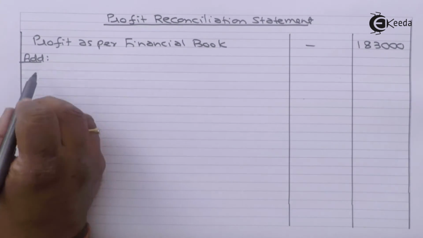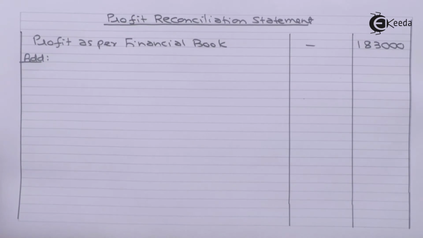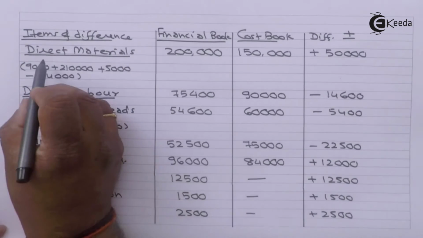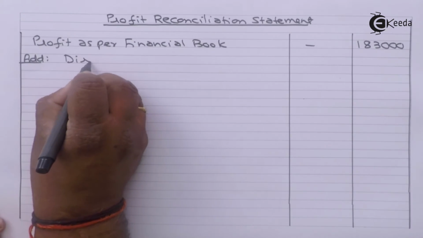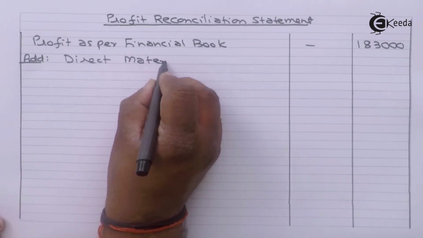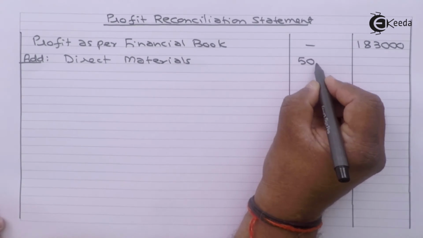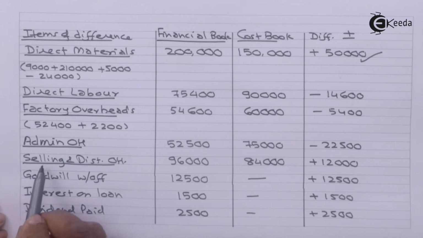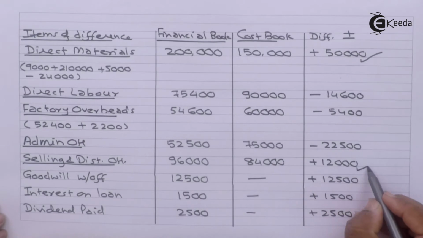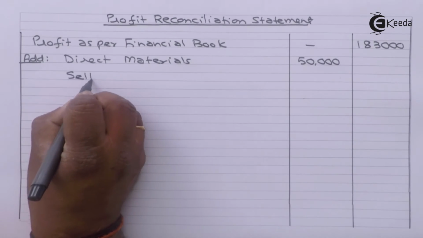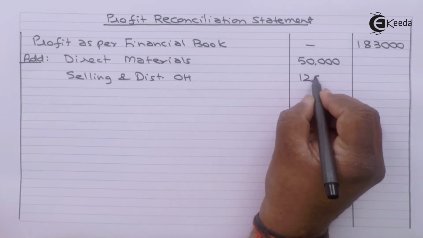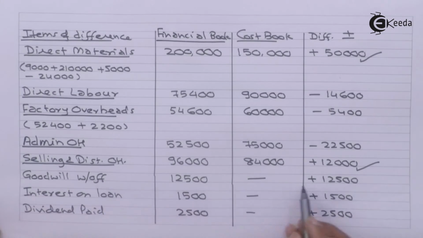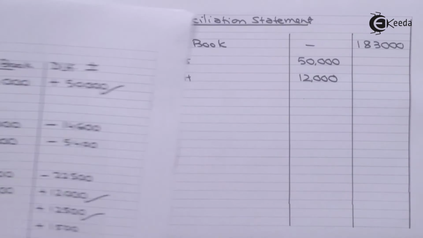To this we are required to add the items where we got positive sign. Direct materials plus 50,000. Selling and distribution overheads plus 12,000. Goodwill written off 12,500.